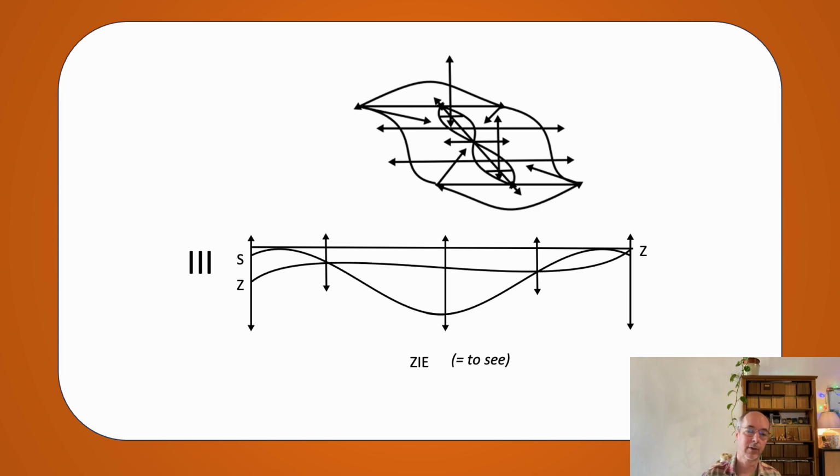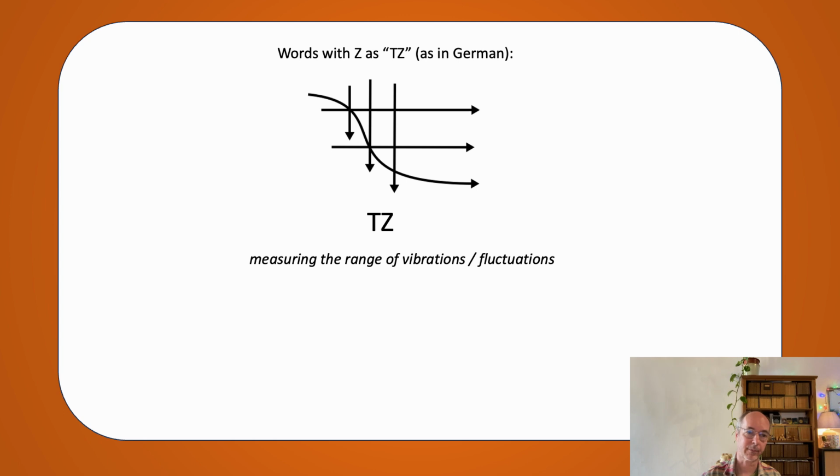Over now to the German words. The letter Z is there pronounced as ts. So, of course, this is also about vibrations and fluctuations, but the T also tells you it is measuring the differences. That's more or less this. It's measuring the vibrations, it's measuring the fluctuations.